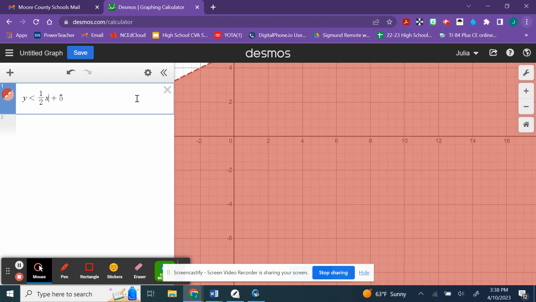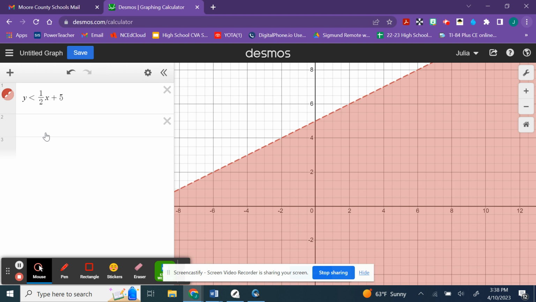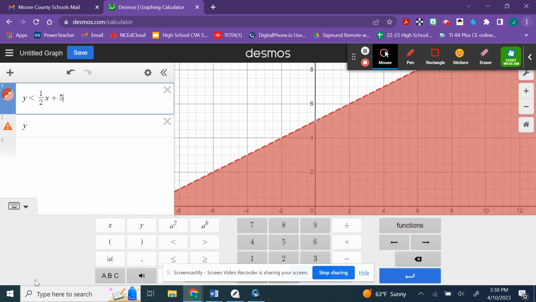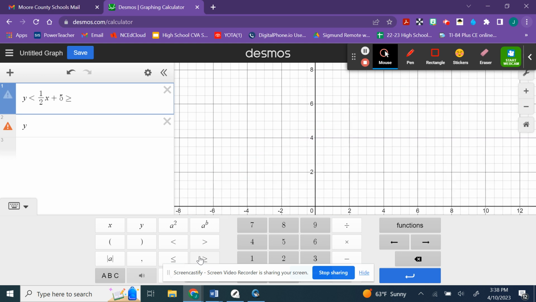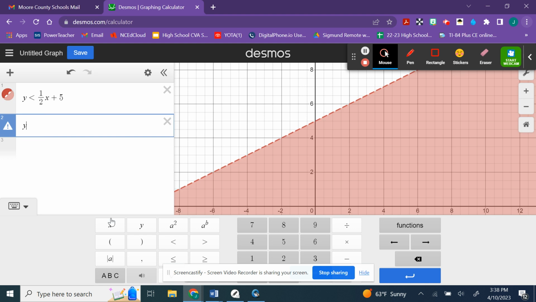Nope. There we go. And then we'll get over here where we can see some of it. And then our first equation was y is greater than or equal to, and you would find that in our keyboard here, greater than or equal to, whoops, I'm in the wrong one now. Sorry, guys. Greater than or equal to 3/2 x.